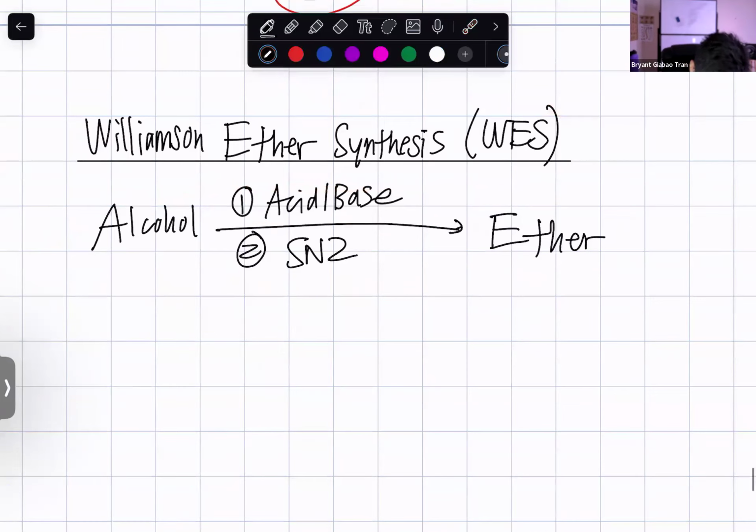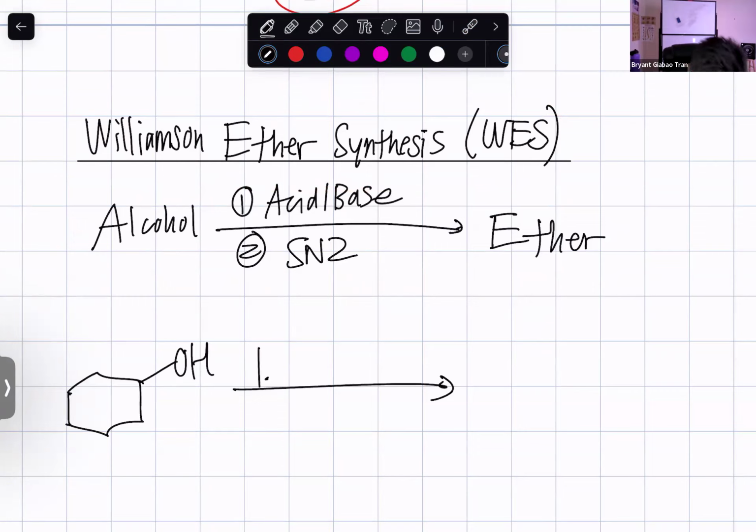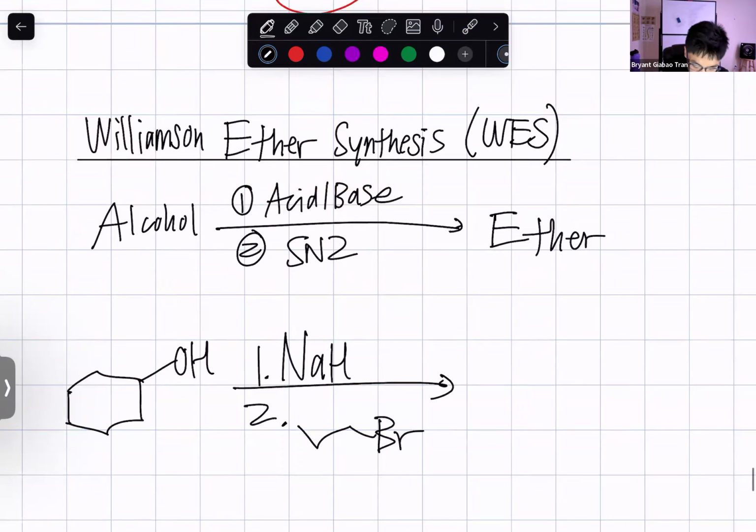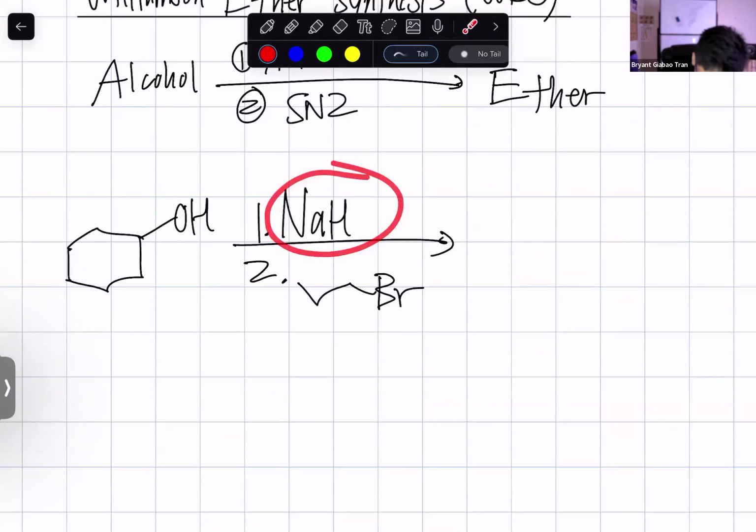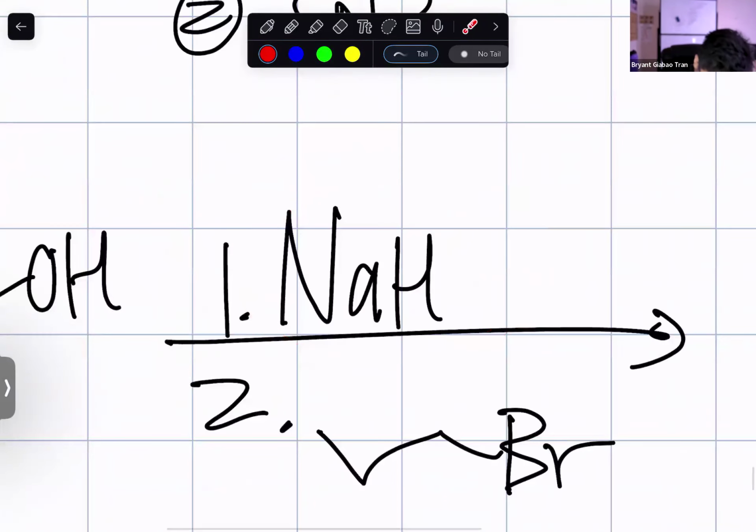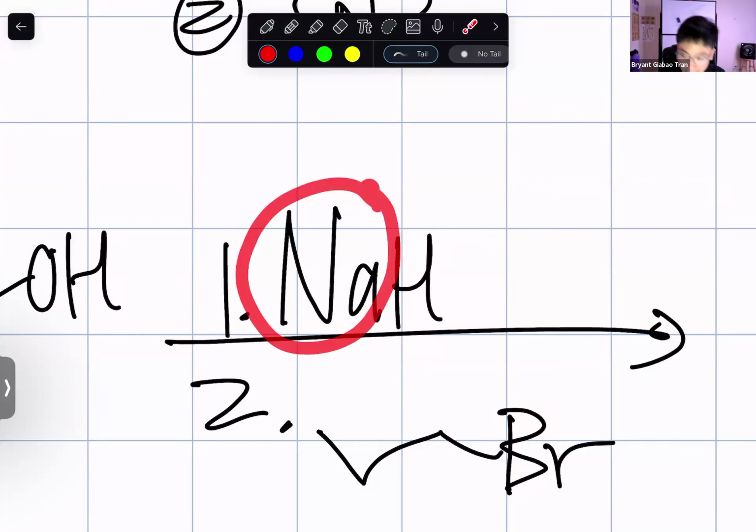So an example for that would be something like this. Let's say we have this alcohol here, and you see two multi-step reactions. Let's say NaH and this alkyl halide here. Whenever you see NaH, or whenever you see Na in general, what charge does Na associate with?